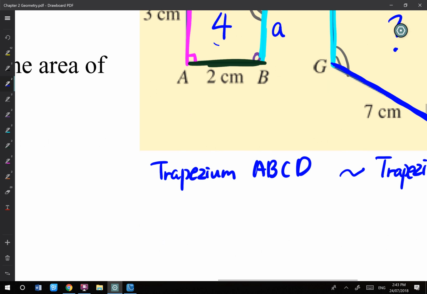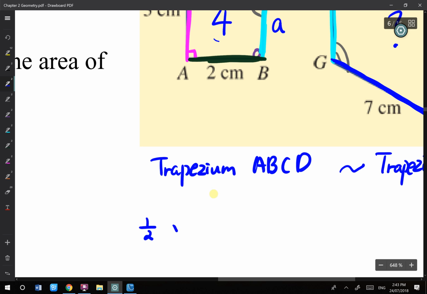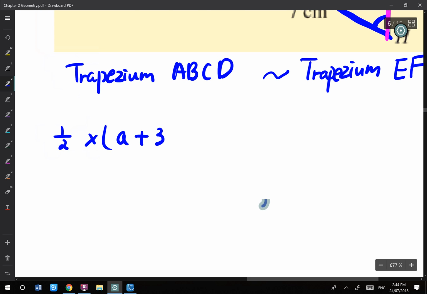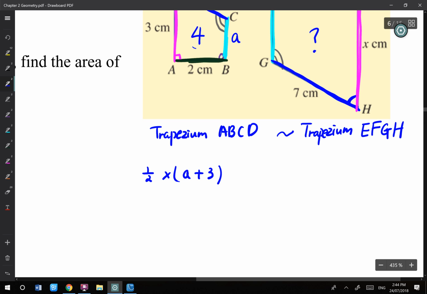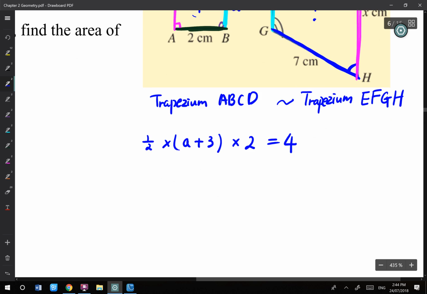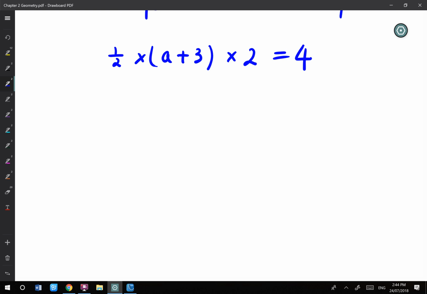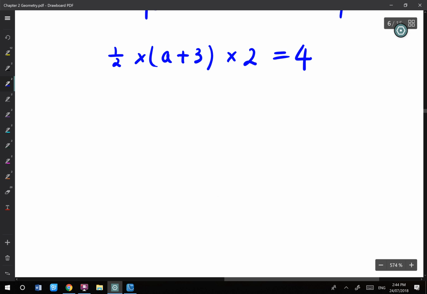The area of a trapezium is 1/2 times a plus 3, half times the base adding the top, and then times the height, which is 2, and that equals 4. So 1/2 times (a plus b) times h equals the area. I can cancel those 2, so a plus 3 equals 4 and a equals 1.